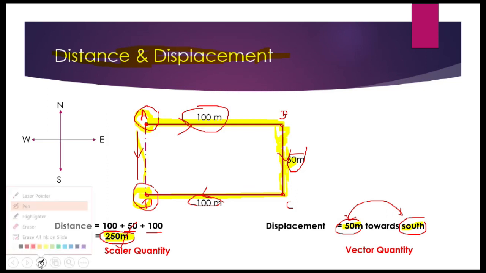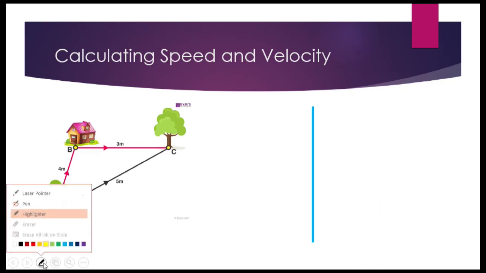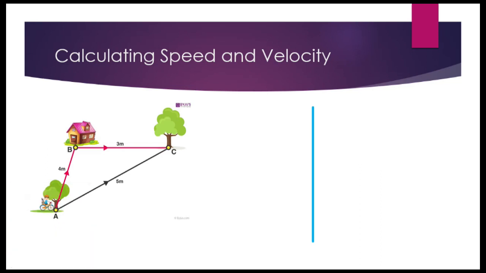So here's another example, a calculation related to speed and velocity. This particular student starts its travel from point A and goes to point B 4 meters and again 3 meters and goes to point C. So the starting point is A, the end point is C. First we are going to find the speed.